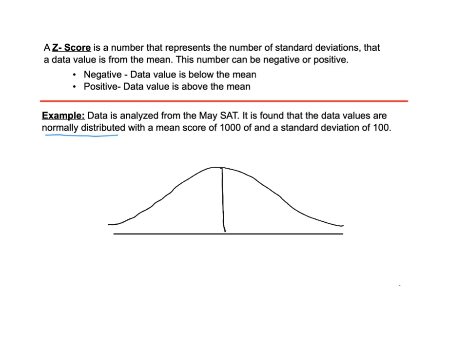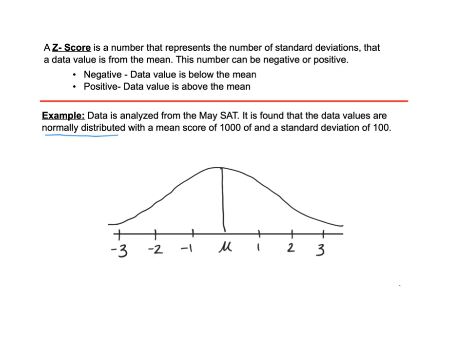So I'm going to use mu for mean, and I'm going to label 1, 2, 3, and then I'm going to label -1, -2, -3. What these are are z-scores: the 1, the 2, and the 3, the -1, the -2, and the -3.